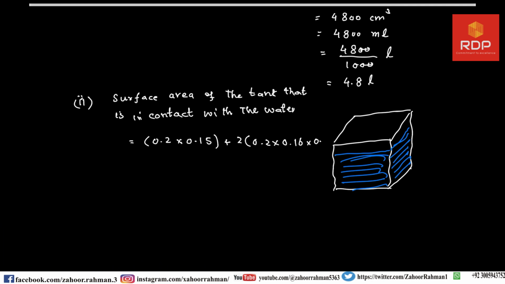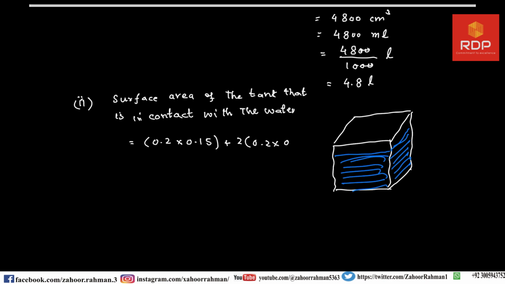Let me write it in the correct way, and that is 0.2 multiplied by 0.15 plus 0.2 into 0.16 plus 0.16 into 0.15.